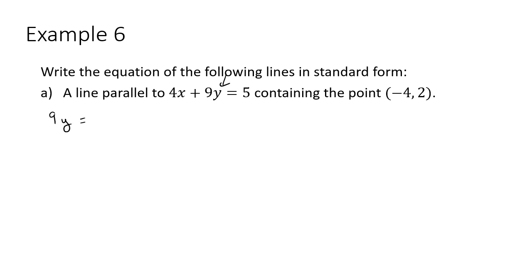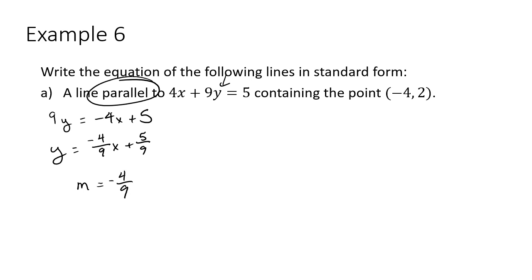Get 9y is equal to negative 4x plus 5. Divide by 9. And I'm going to go ahead and break it up in one step this time. The more of these problems you work, the faster you'll get at them, of course, like all problems in math. So we've got negative 4/9 x plus 5/9, which means the slope of this line, and therefore our parallel slope as well, needs to be negative 4/9.